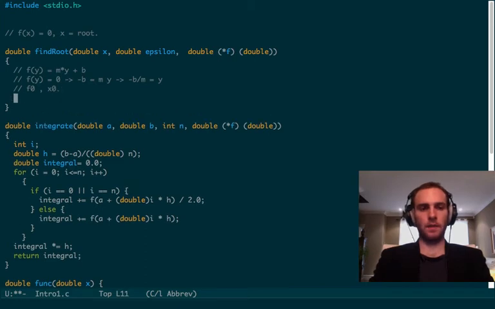Alright, so if you have a slope, f of x minus f0 is equal to the slope times x minus x0.